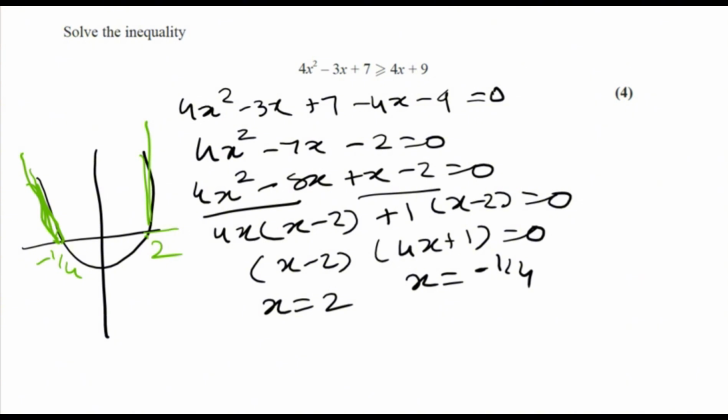So I can write it down, this solution which is x greater than or equal to 2, and I have to write greater than or equal to because in my question greater than or equal to is there, and x less than or equal to minus 1 over 4, which will give us this value. Okay, so this is our solution.